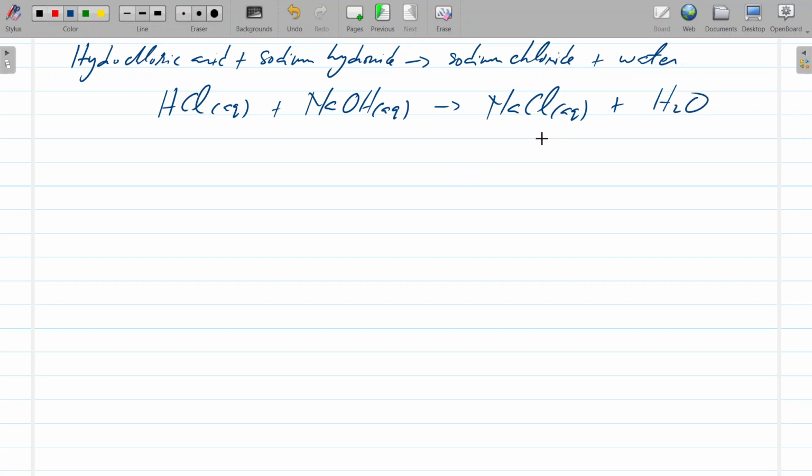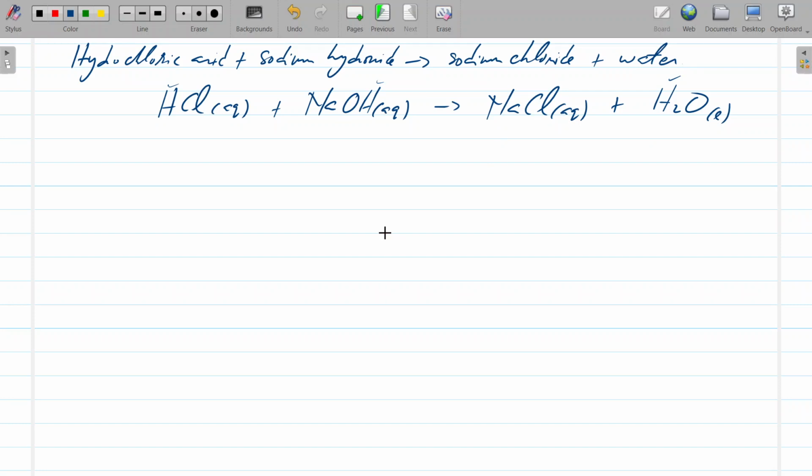What about balancing? It's pretty much balanced. Hydrogen: you've got two hydrogens on each side. One chlorine, one chlorine, one sodium, one sodium, one oxygen, one oxygen.